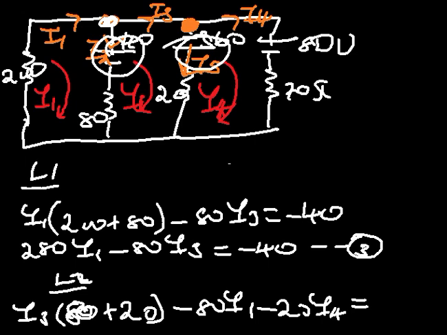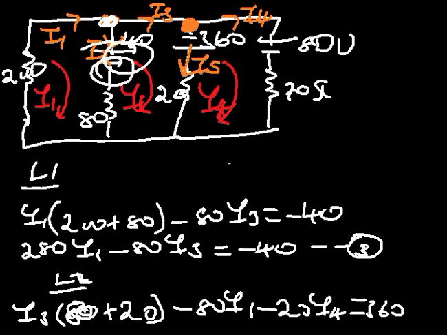Actually, we have two batteries inside there. From the negative terminal to the positive terminal, that is a voltage gain, so that will be positive 360, and also negative terminal to the positive, that is a voltage gain, so we'll have a plus 40. So we have to simplify it.